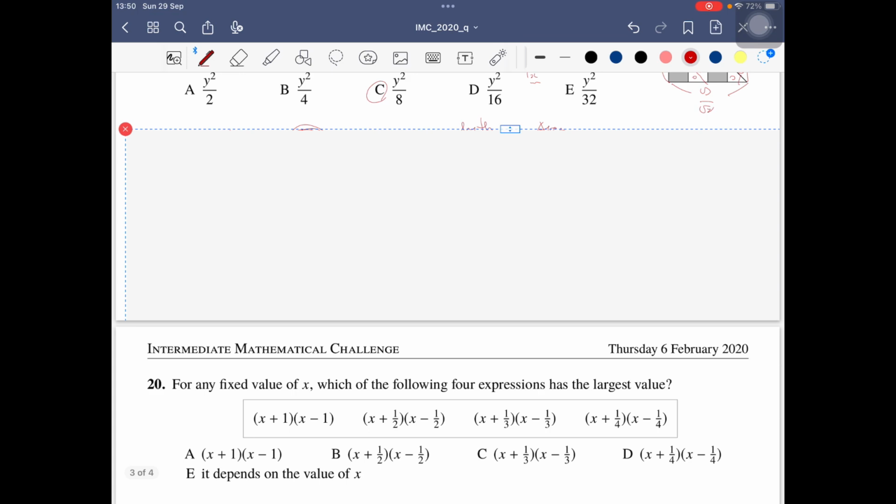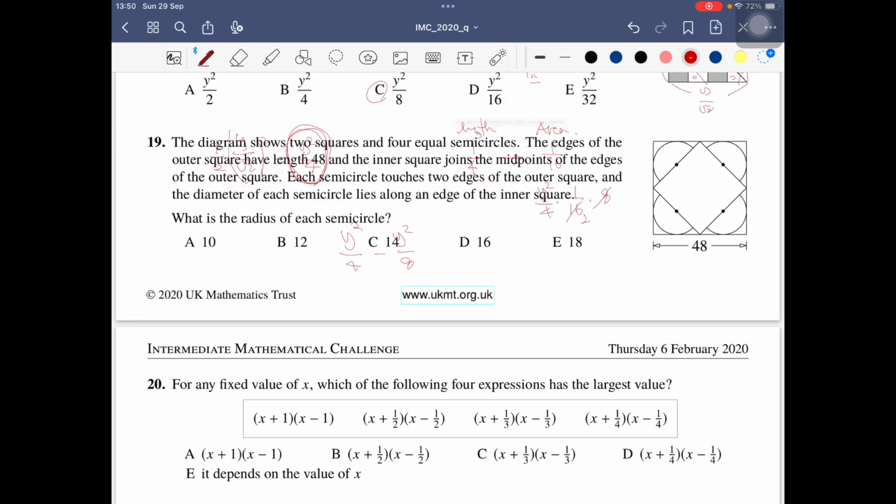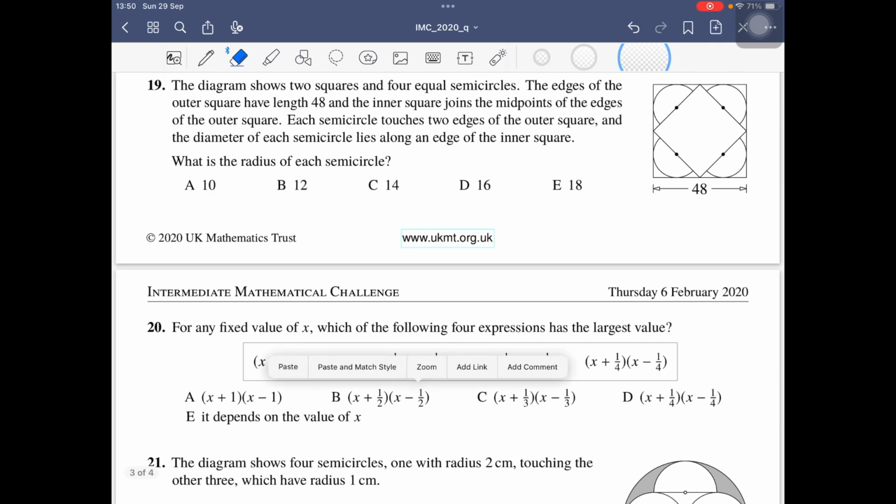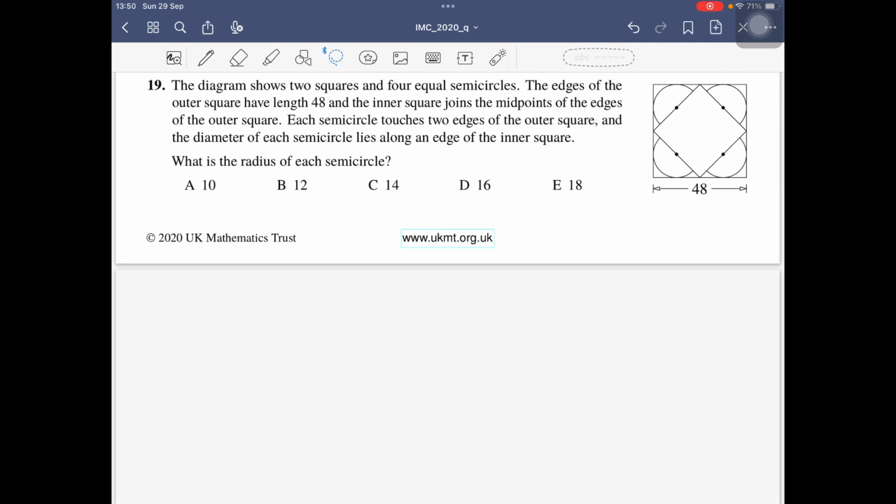So let's go for the next one. Number 19. Two squares, 48. So this is again 48, 48. If this is 24, this becomes 24 square root of 2.